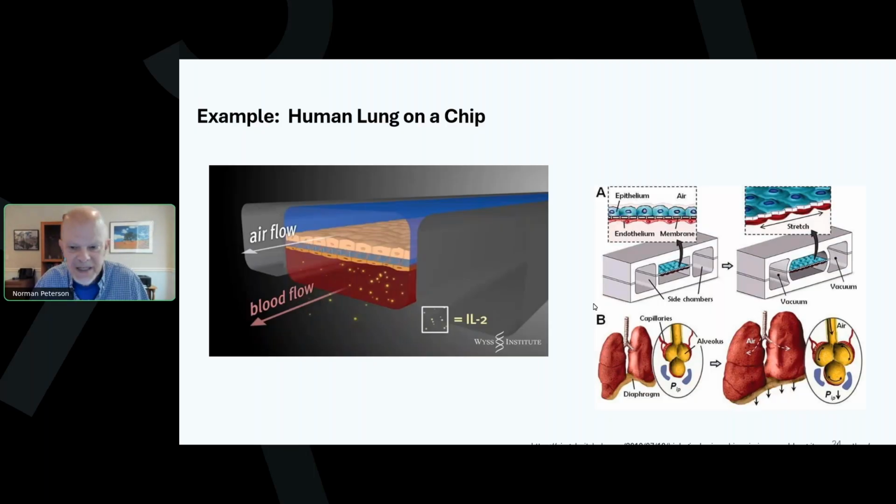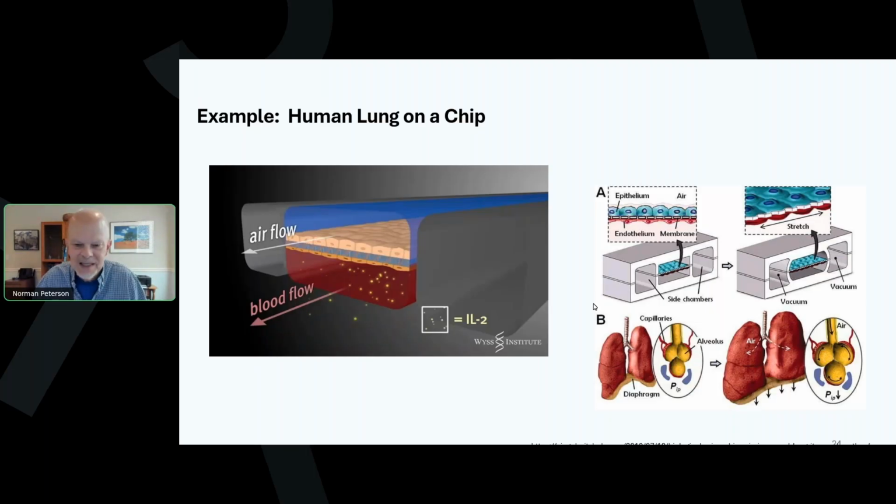And this is where your media would flow through. And the nutrients in your media make it through that membrane. It's a semi-permeable membrane to feed the epithelial cells of the lung. Note that on the top, you've got an area of air. So you've got to balance this so that the cells don't dry out, but yet they have exposure to the air, much like you would have in an in vivo system.